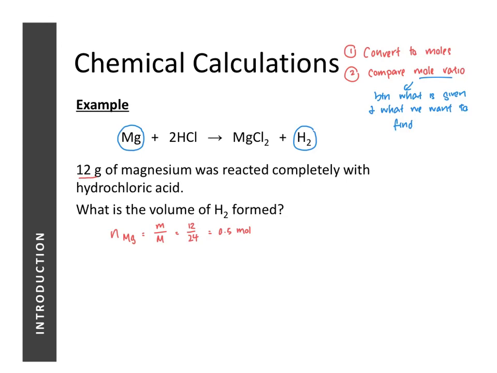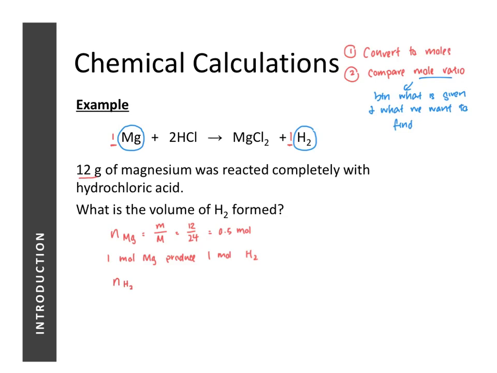How do we compare the mole ratio? We look at the number in front of the substance, and since there's nothing there, it means 1 is to 1. What does it mean? It means that 1 mole of magnesium will produce 1 mole of hydrogen gas. So using the reacting ratio, we can find the number of moles of hydrogen.